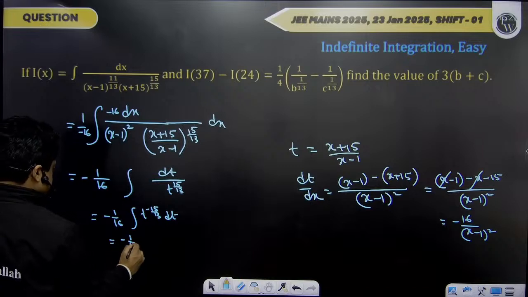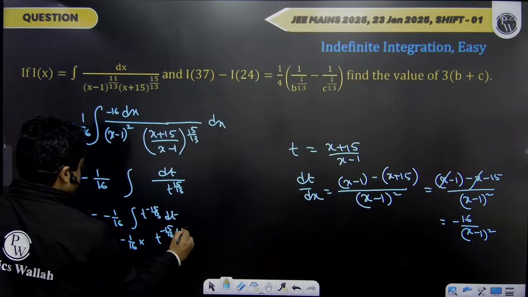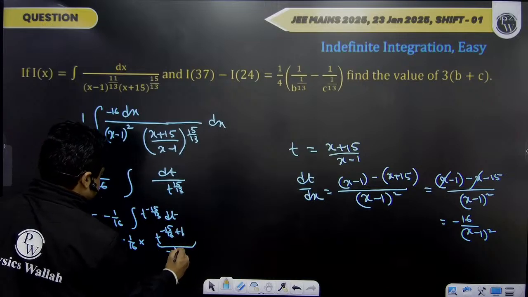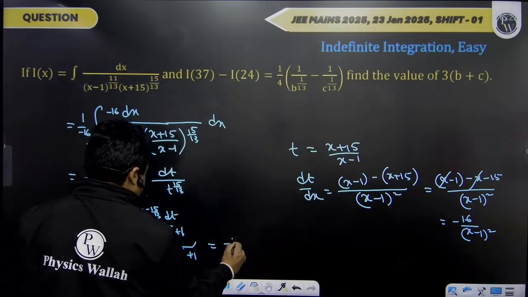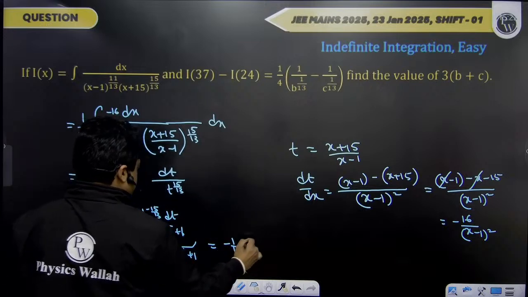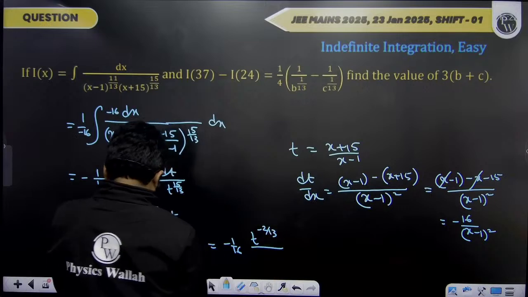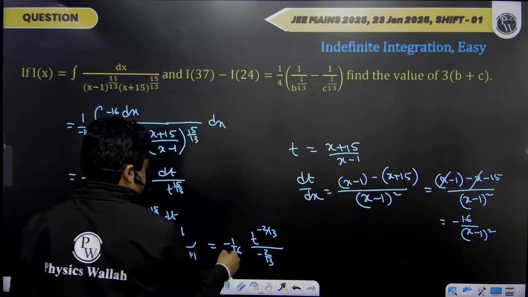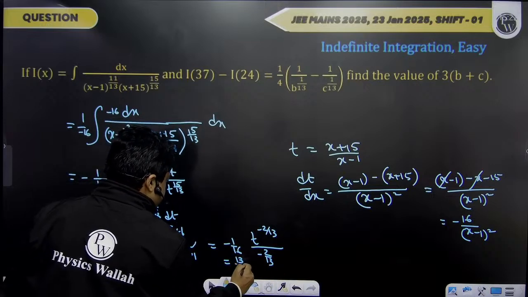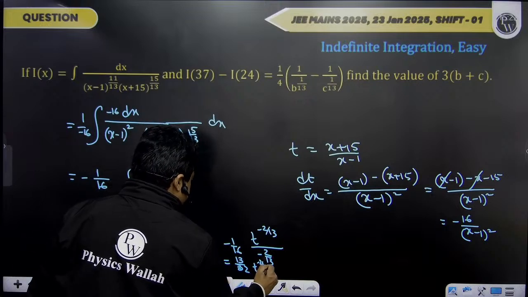This is minus 1 by 16 into t power of minus of 15 by 13 plus 1 upon minus of 15 by 13 plus 1. So this gives us minus of 1 by 16 into t power of minus 2 by 13 upon minus 2 by 13.